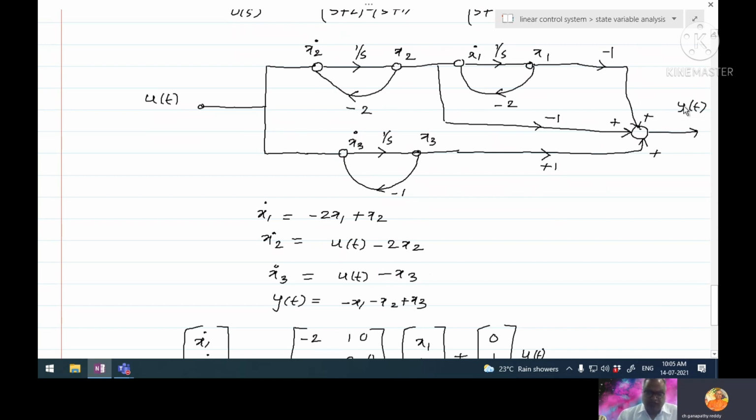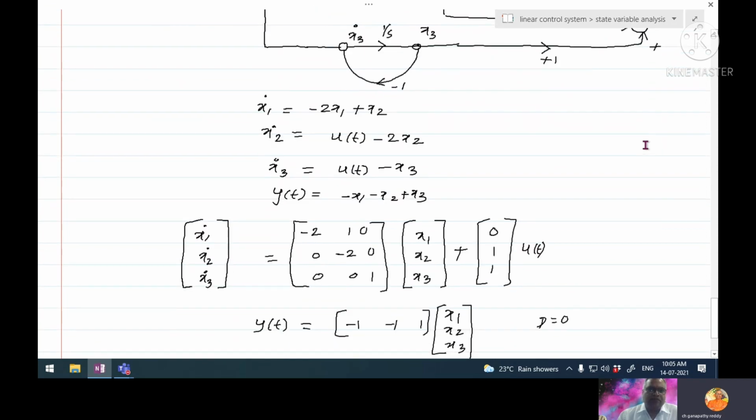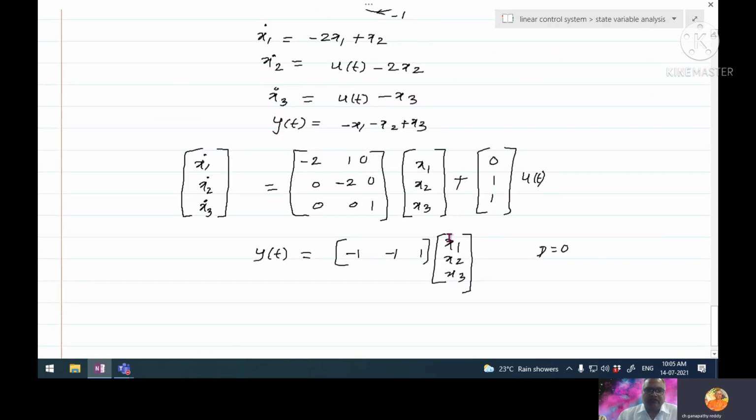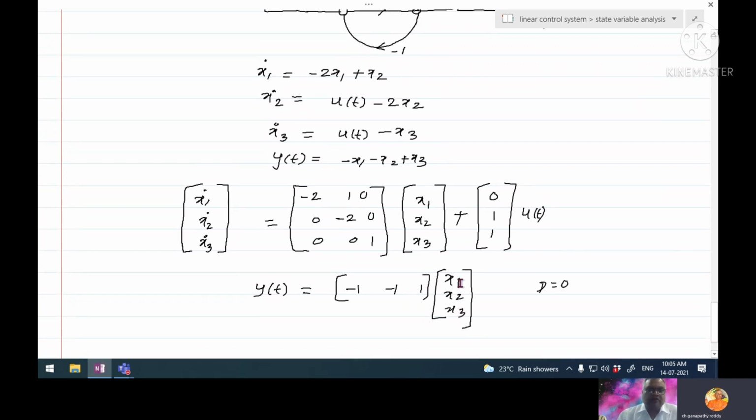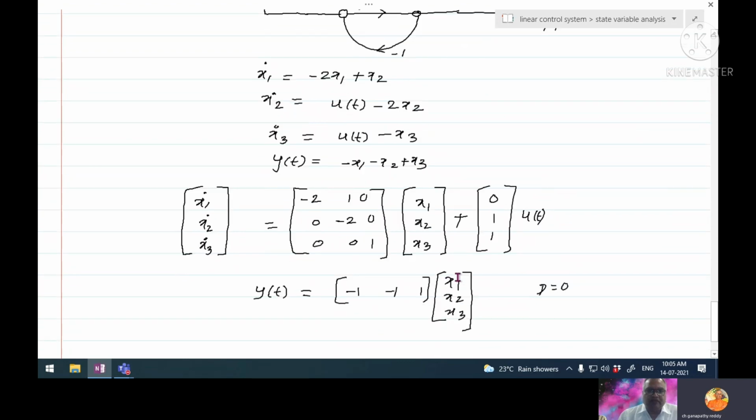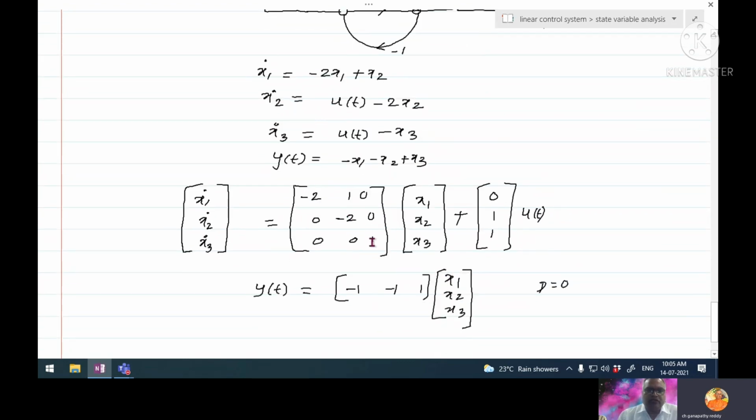Then y of t equals minus x1, minus x2 plus x3. Then express these equations in matrix form.